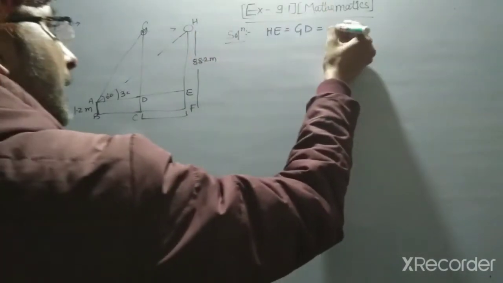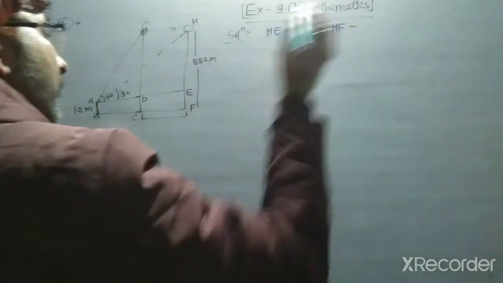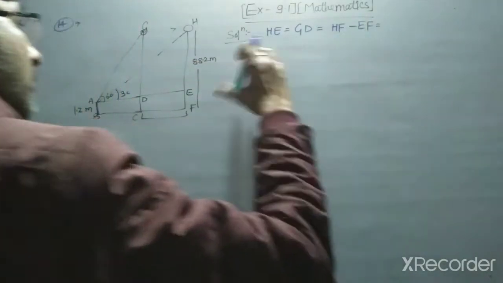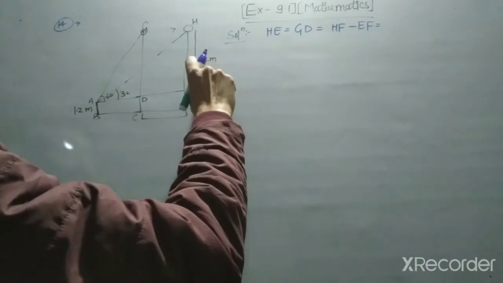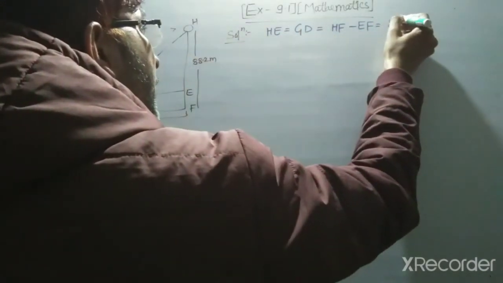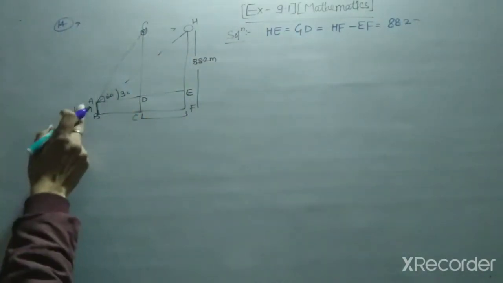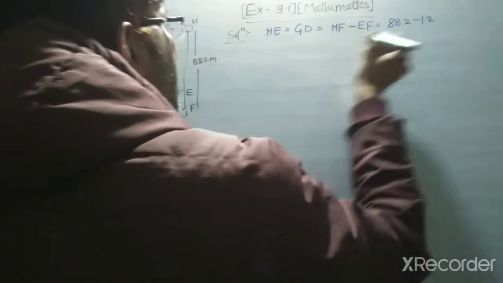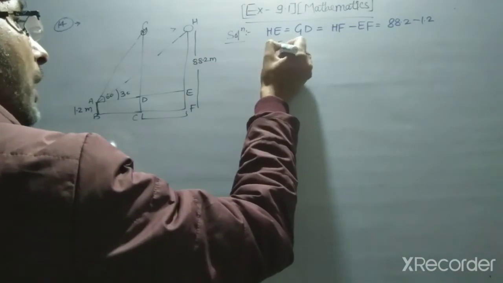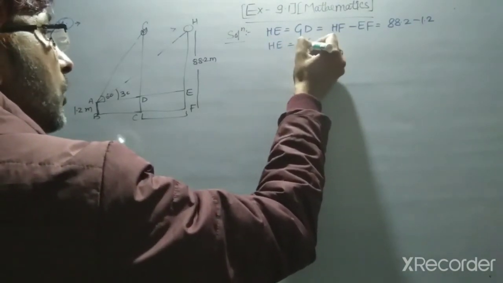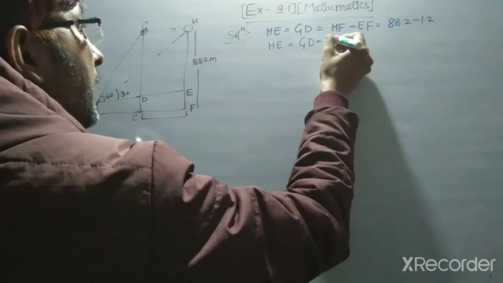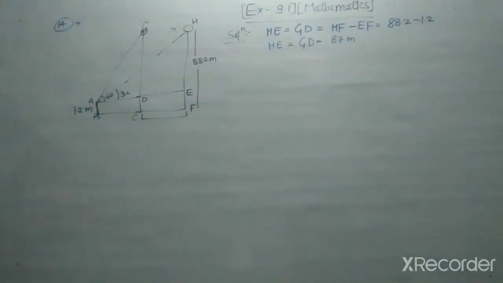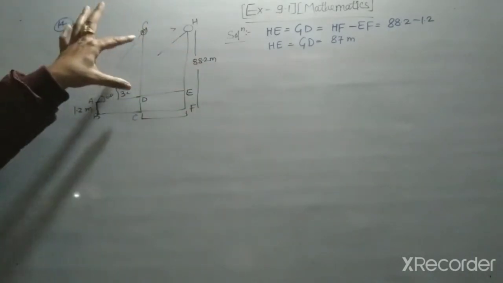The value of HF is 88.2, so 88.2 minus the girl's height, that means 1.2. So HE, or you can say GD, is equal to 87 meter. Clear? So this is the value of these things.